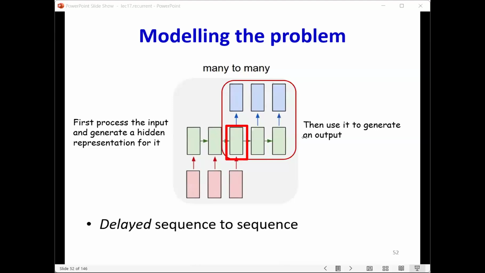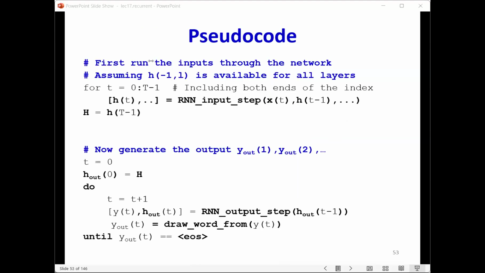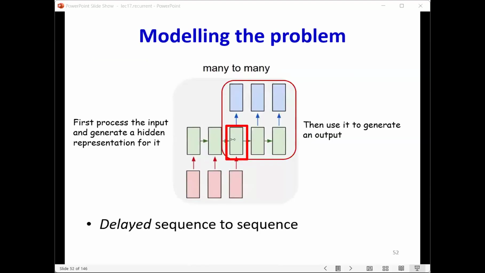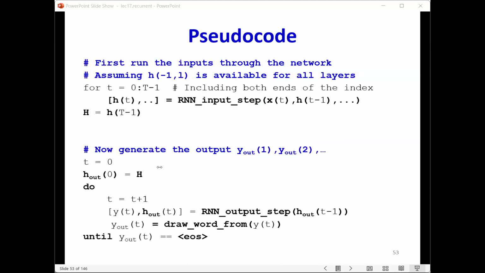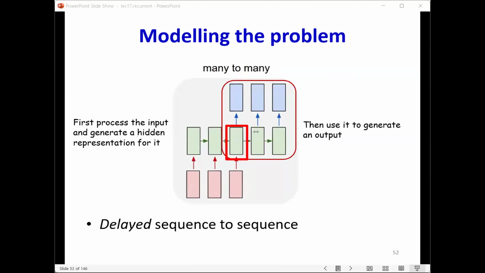Now, what does the code for that look like? Like so, right? Here's the bit which processed the input and generated a final representation. Now for the output, this final representation is going to be the initial hidden representation. And then at each time, you do two things. At each time, you generate a hidden state value itself. And then you also generate the output probability distribution.